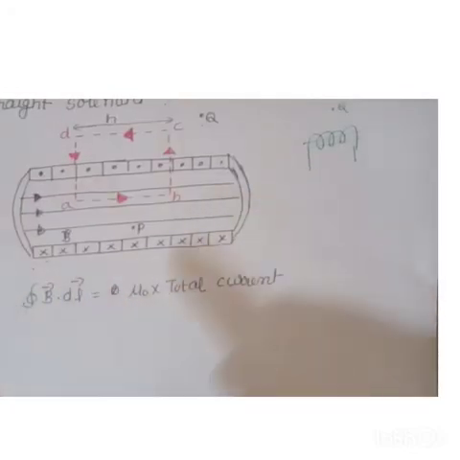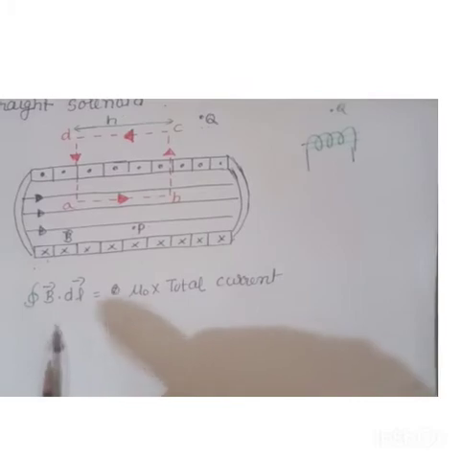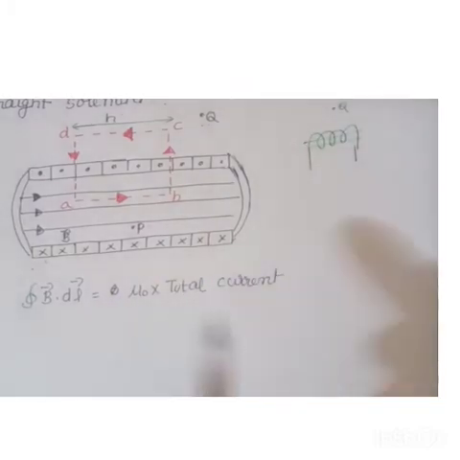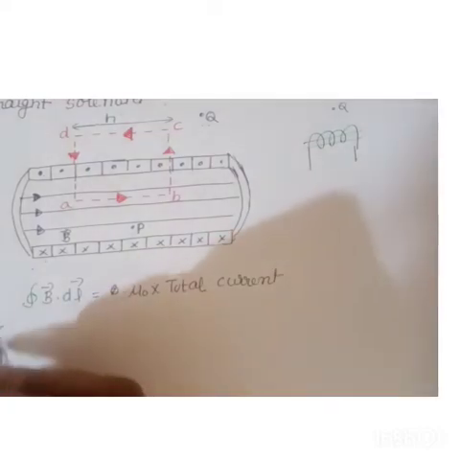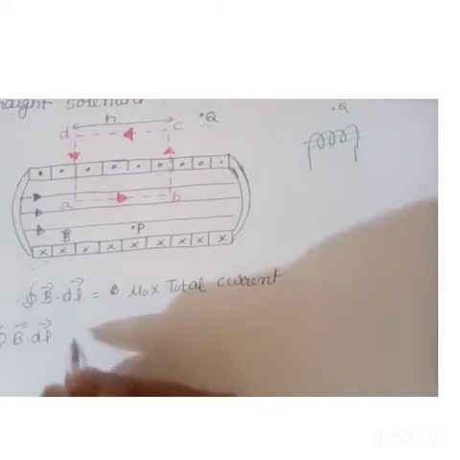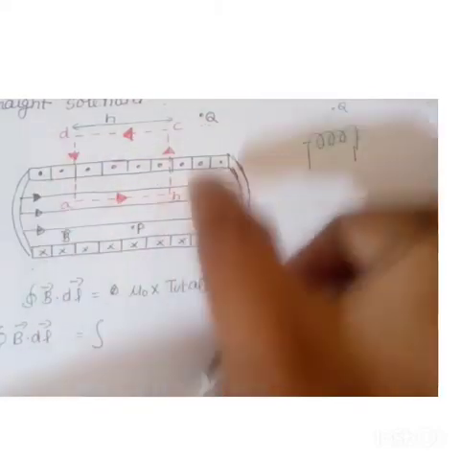So we have to apply the Ampere circuit law. Integral of B dot dl is equal to mu 0 into total current through the loop ABCD. So the integral of B dot dl is equal to the integral over this loop.